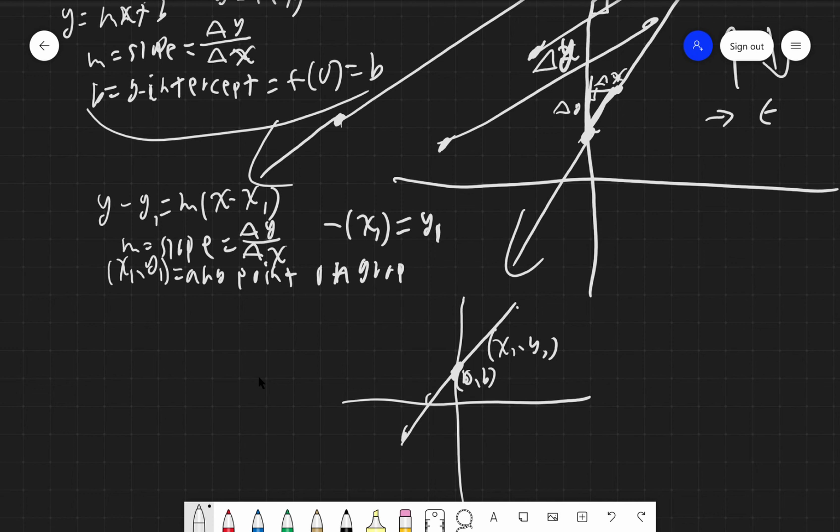So what that means is, if you see here, we have y minus y1. If you divide both sides by x minus x1, we get this.